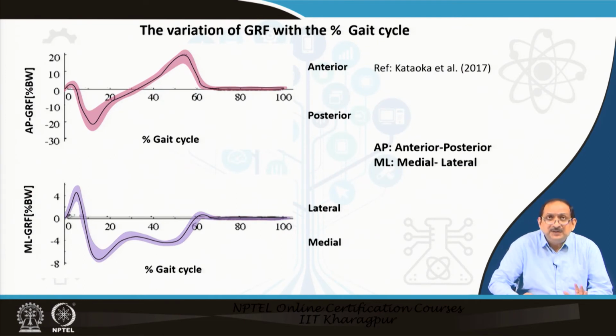Now, the variation of the ground reaction force with percentage of gait cycle along anterior posterior direction and medial lateral direction is presented here in this slide. However, the variation of forces is minimum as compared to the predominant vertical component of the ground reaction force.